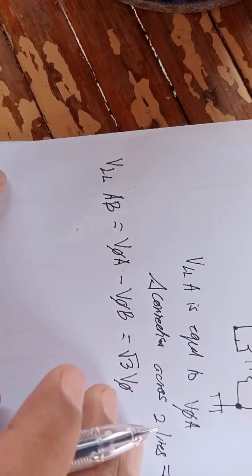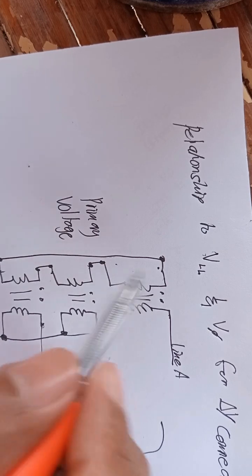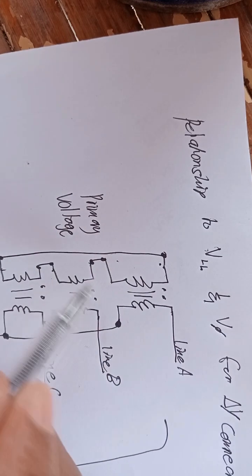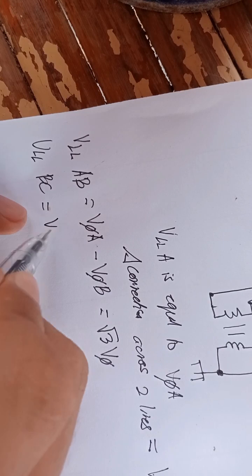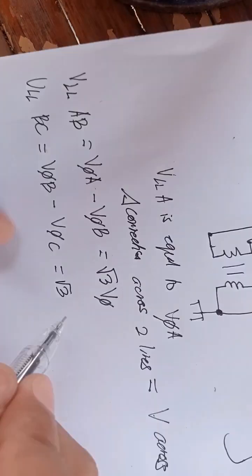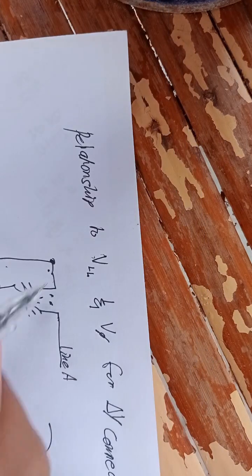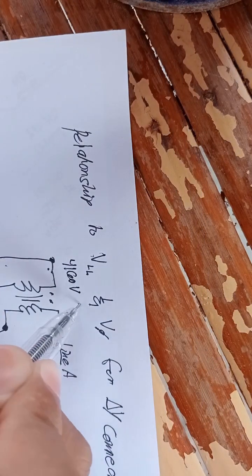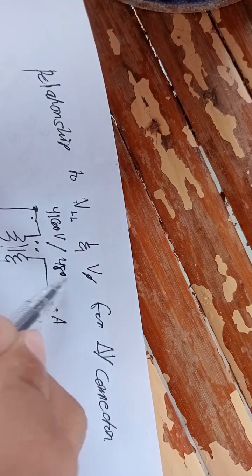So this is our line to line AB, and this is our line to line BC. So the equation for the line to line BC is equal to phase voltage B minus phase voltage C, which is equal to square root of 3 times phase voltage B. And then we will let our primary voltage equal 4160 volts, while our secondary voltage will be 480 volts.